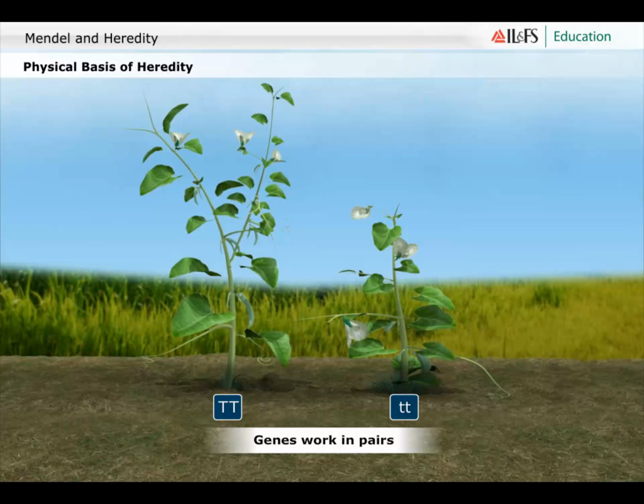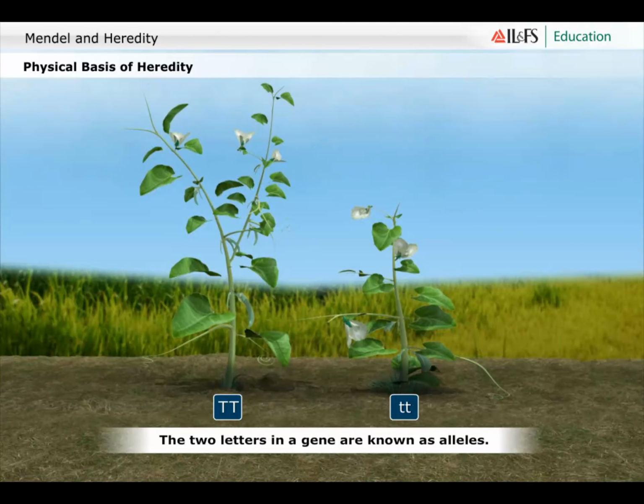Now genes work in pairs. So genes for tallness is represented by 2 letters such as TT and for shortness as tt. These 2 letters in a gene, capital TT, are known as alleles. Same in the case of small t, small t.